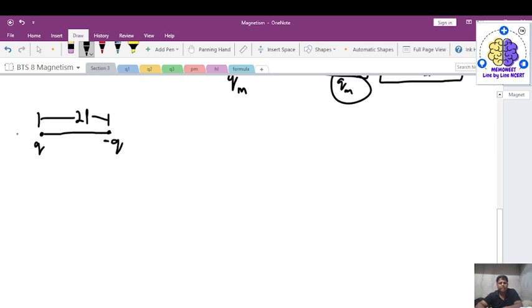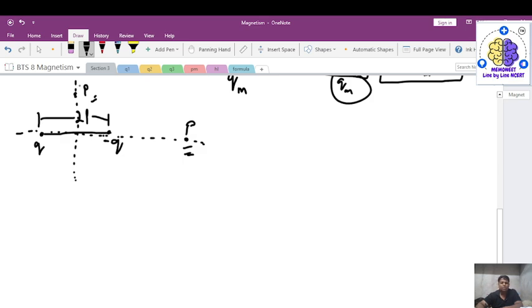Any point lying on this line is known as the axis of the dipole, and a point P there is in the end-on position. The perpendicular bisector of the dipole is known as the equatorial line, and any point on it is in the broadside-on position.